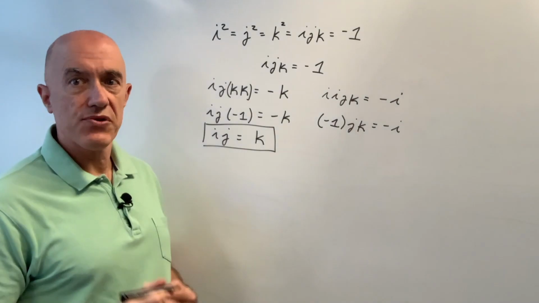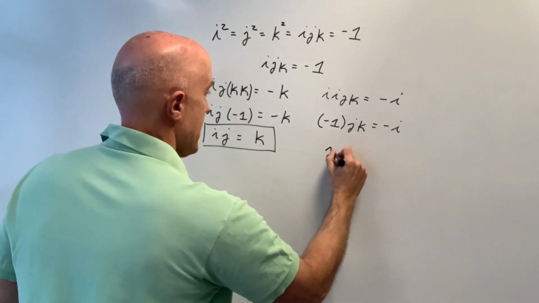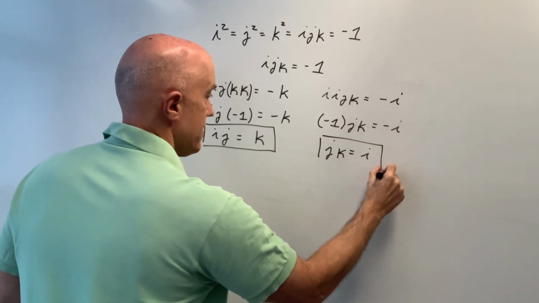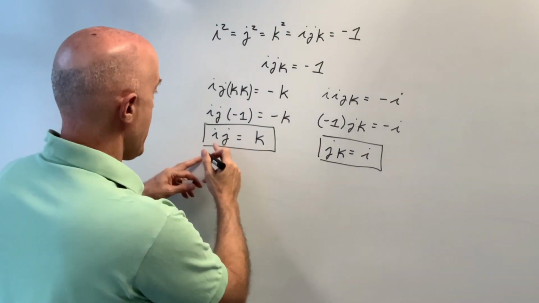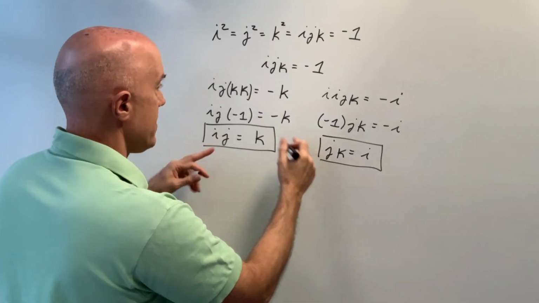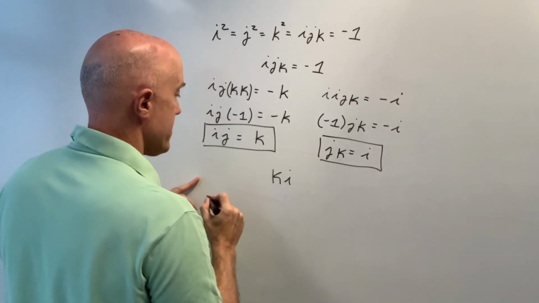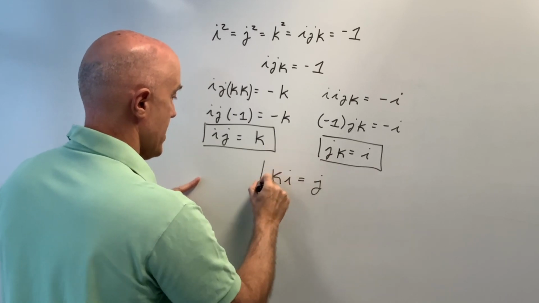And multiply both sides of this equation by -1, and we get jk equals i. And that's the second of our product relations. We have ij, we have jk. We can do some more manipulation and get ki, and what we'll find is ki is equal to j.